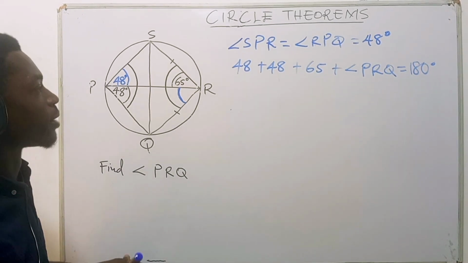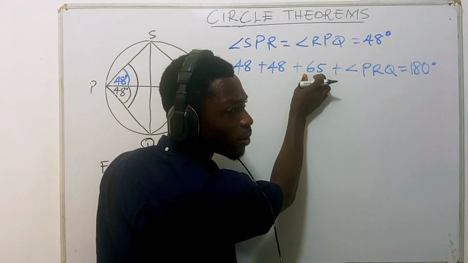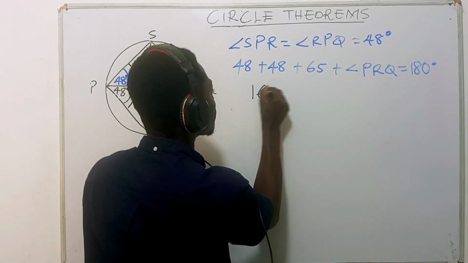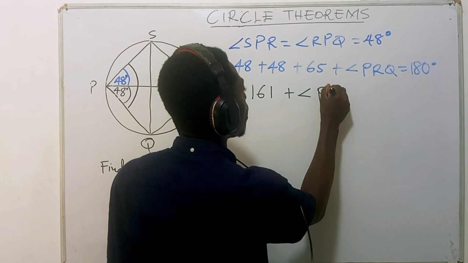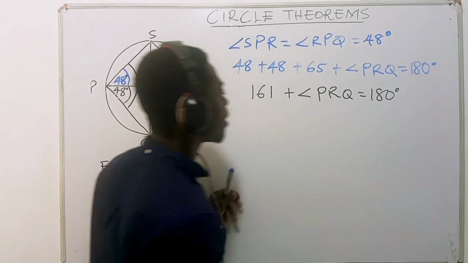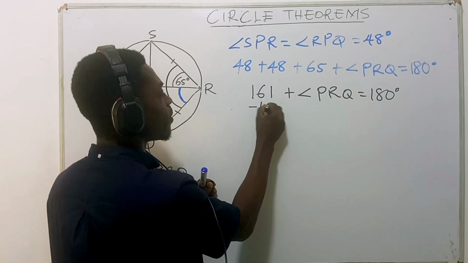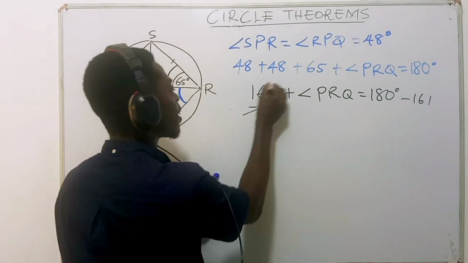So let's keep going. 48 plus 48, that is 96, plus 65. Is it 161? Of course, yes. Then plus angle PRQ is equal to 180 degrees. Then we subtract 161 from both sides of the equal sign so that this and this will go.